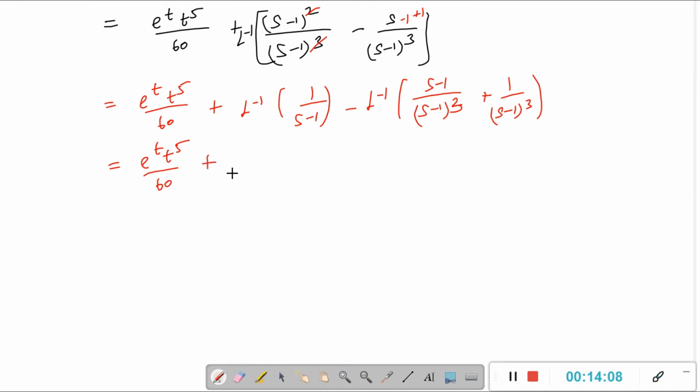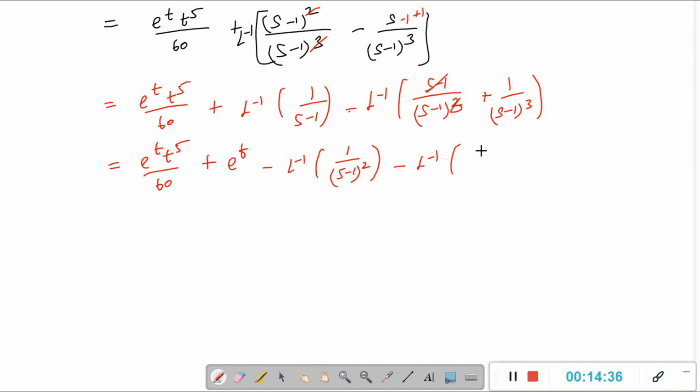This value is nothing but e power t minus, so if you cancel, you may get L inverse of 1 by s minus 1 whole power 2 minus, the minus is common for these two terms, so you have to multiply minus inside the close bracket.